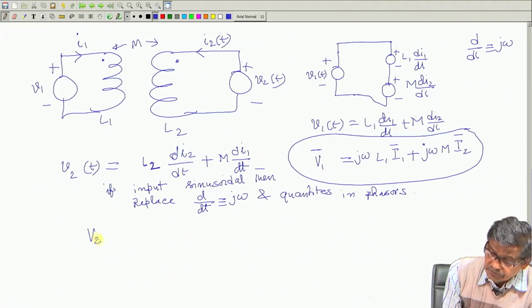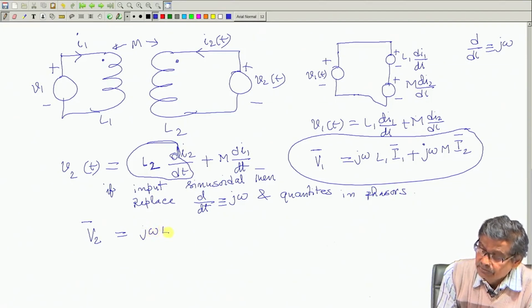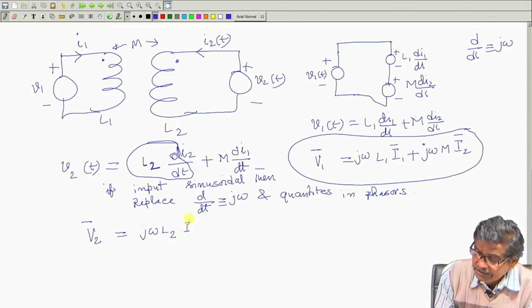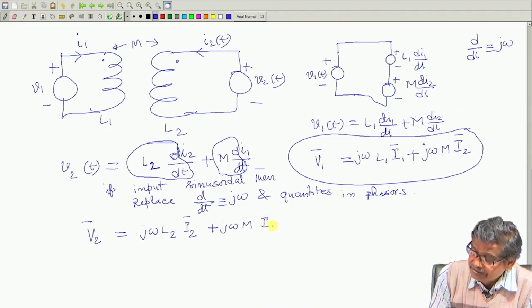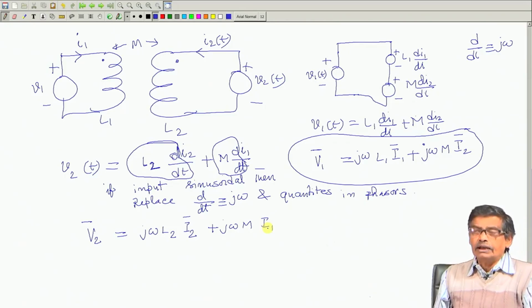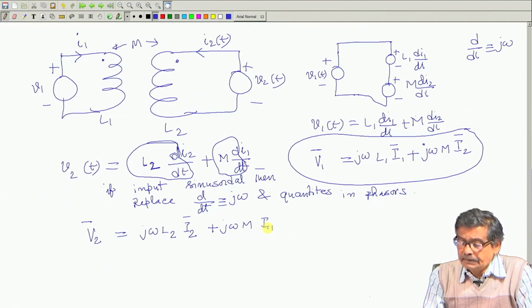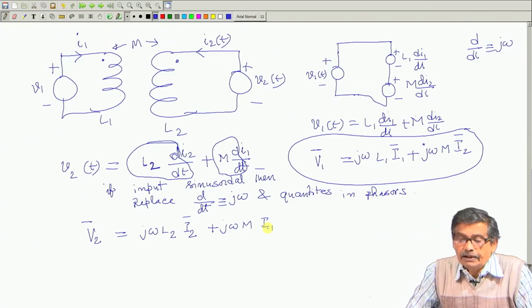So V 2 phasor is equal to j omega L 2 into current phasor I 2, plus similarly j omega m into current phasor I 1. Therefore, for all coupled coils, if the inputs are sinusoidal, we can write in the same way, replacing d dt by j omega.